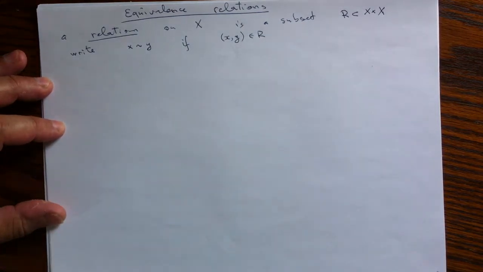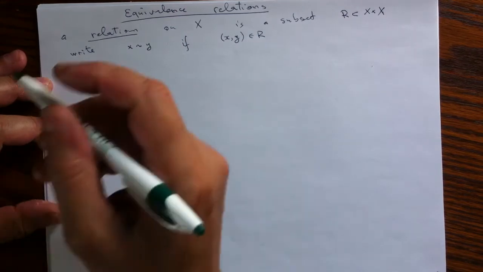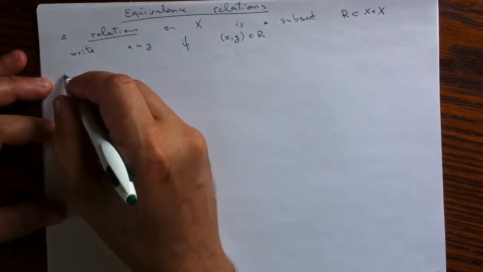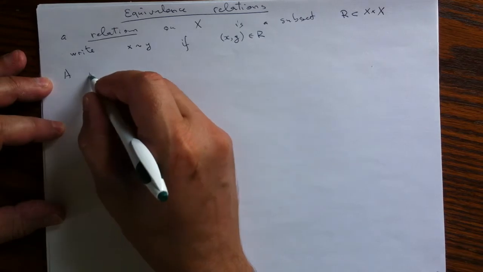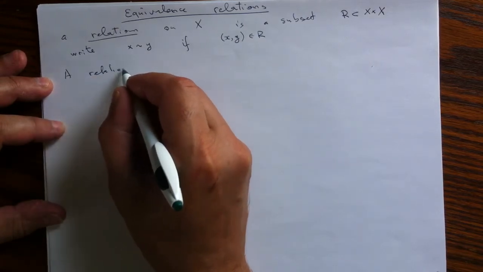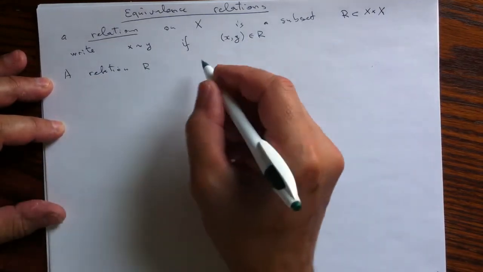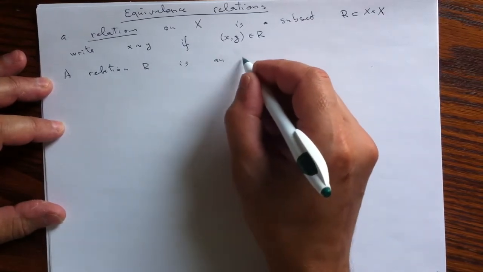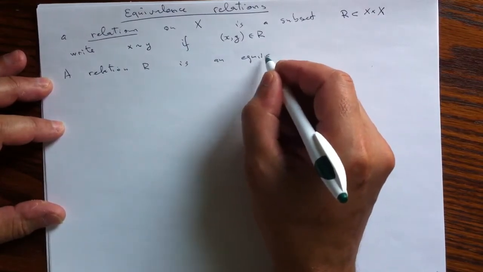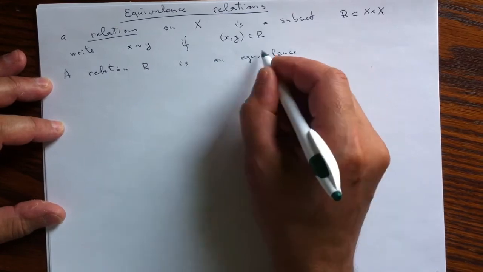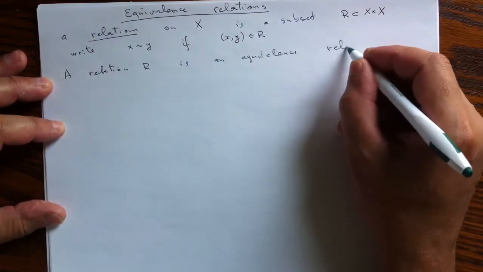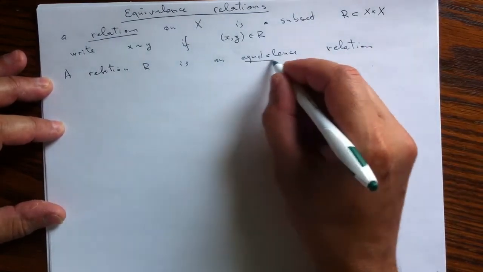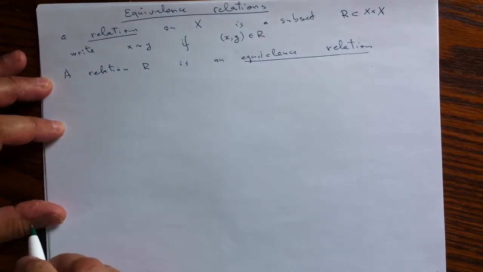With this notation it's easier to phrase what is an equivalence relation. A relation R is an equivalence relation if three properties are satisfied.